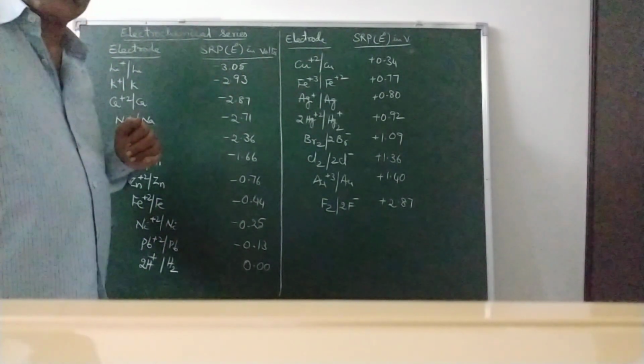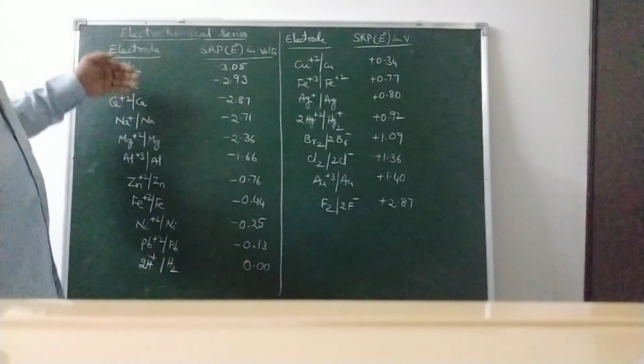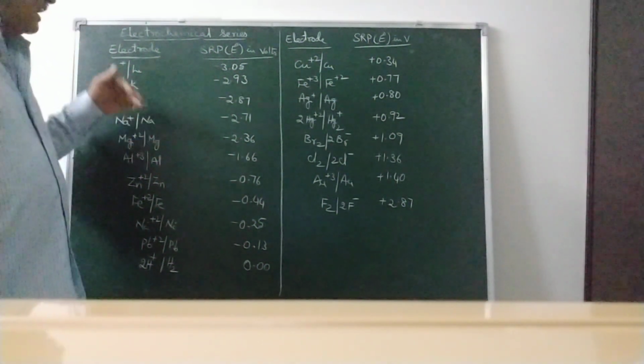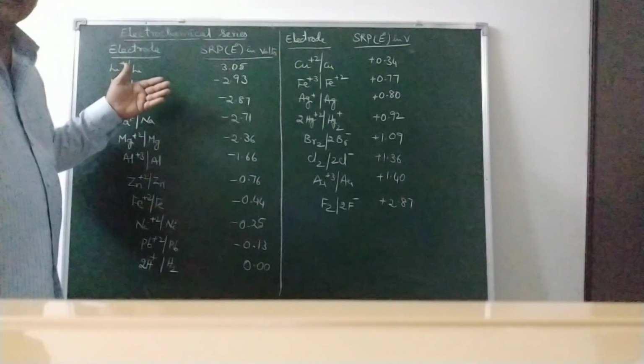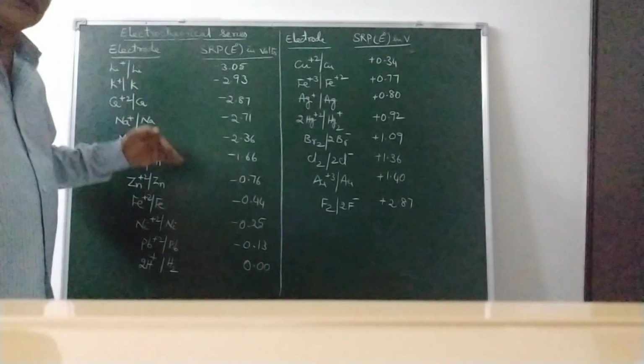And second, in general, in this series, if the electrodes present in the series are known, the electrode which lies higher reduces the electrode or element which lies below.